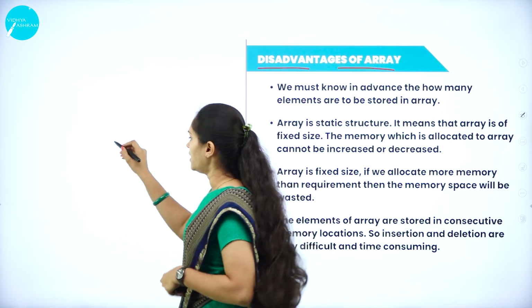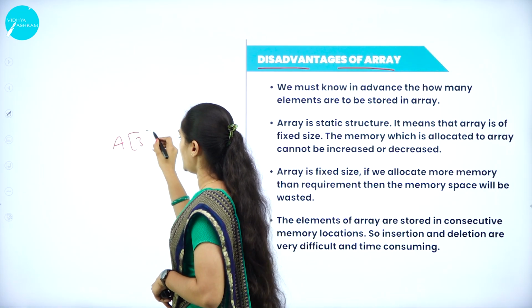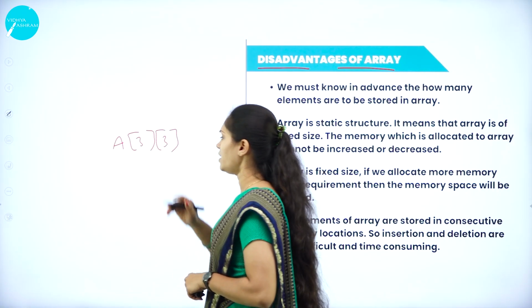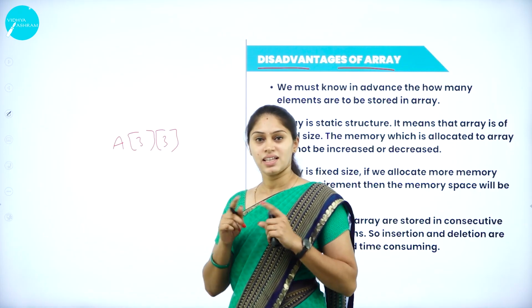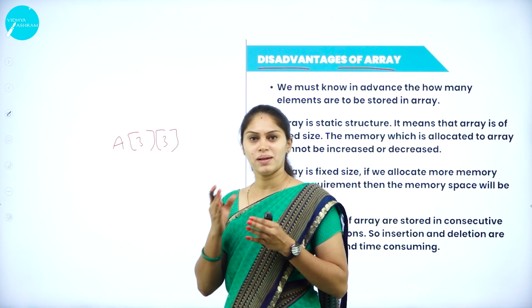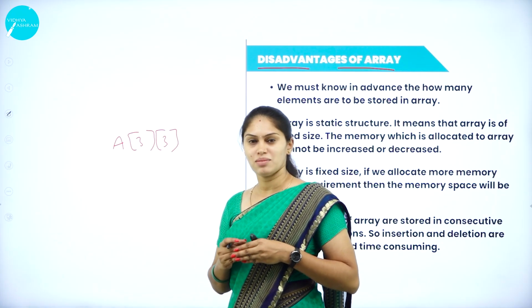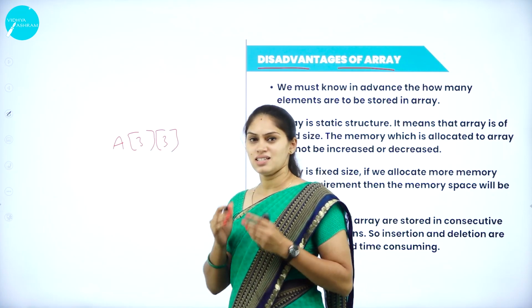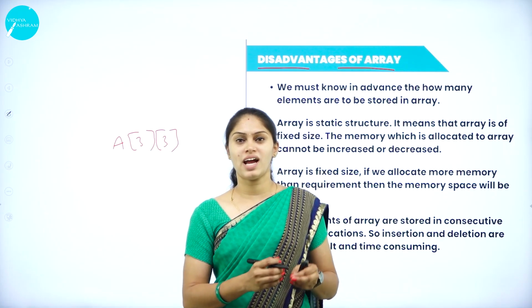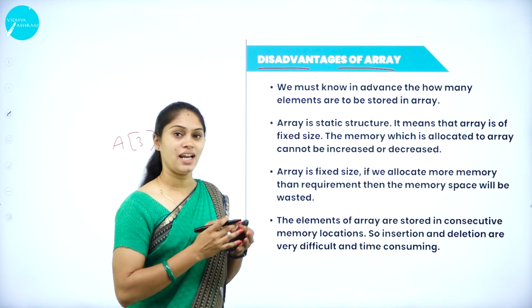For example, A of 3 cross 3 indicates I am taking only 9 elements, because multiplying the number of rows and columns gives the number of elements. In advance, I must know how many elements I am taking in an array.